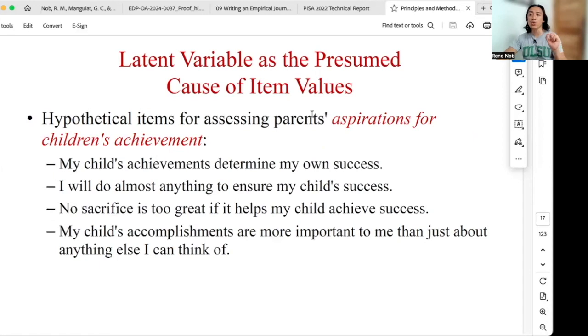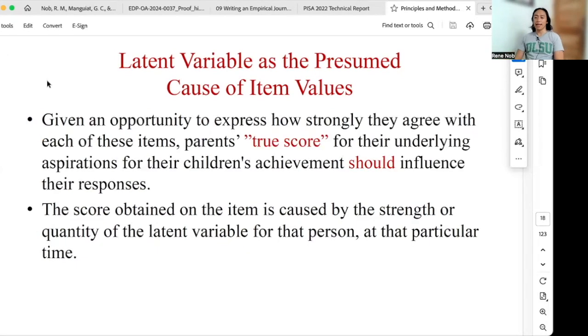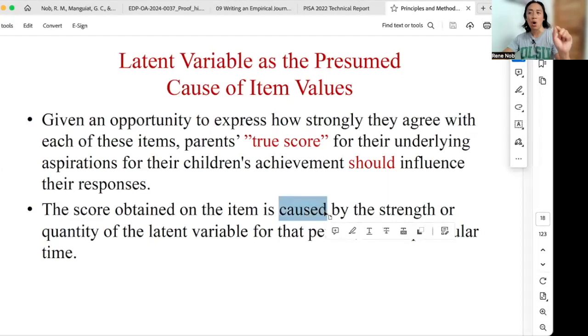If your true score for your aspiration for your children's achievement is very high, then you should strongly agree with each of these items. The score obtained on the item is caused by the strength and quality of the latent variable for that person at that particular time. And with the emphasis on the word caused.